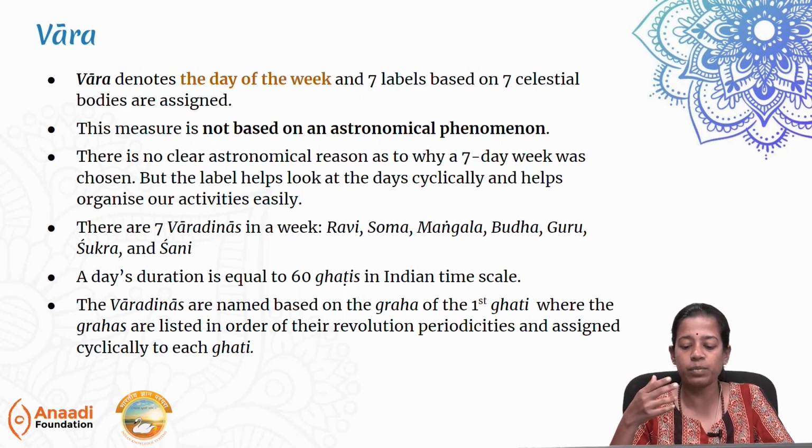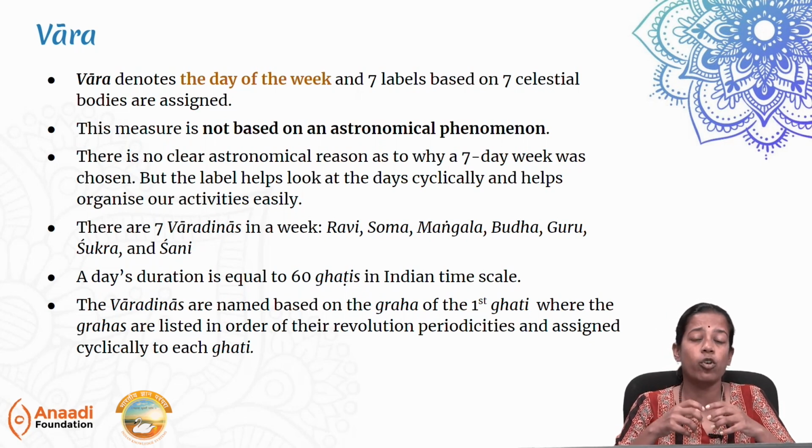The names have been mentioned in the same order as in the present day week, and these have also been mentioned as the lords or devatas of that particular day.